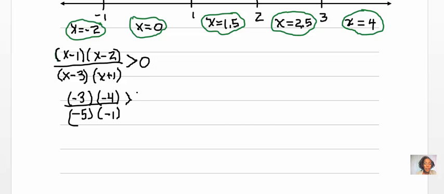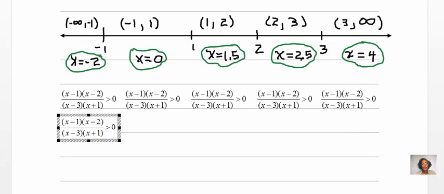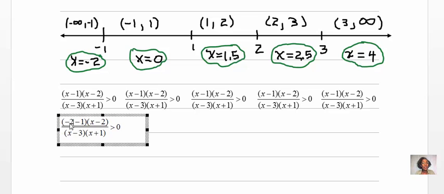So we replace every x with -2. Okay, so I've typed these in to save space. And what we're doing in each case is replacing our x with our test number.